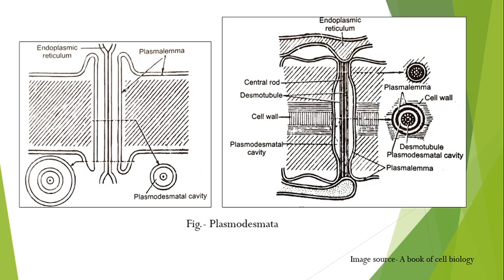So through the plasmodesmata, cytoplasmic continuity is often maintained between the adjacent cells, and through them material can pass from cell to cell. Got it?